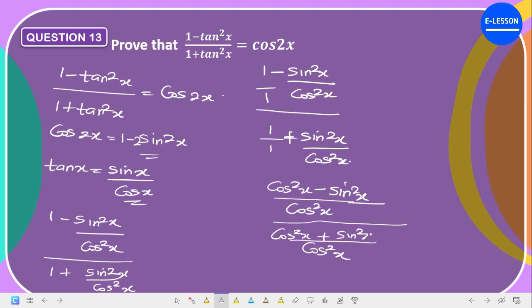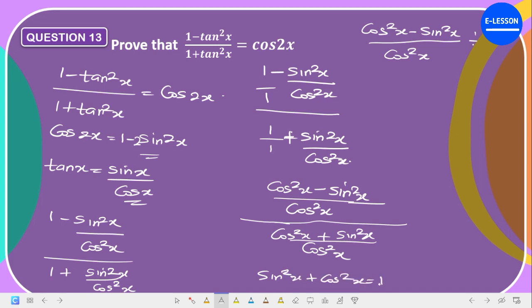Sine square x. Now, at the end of the day, you discover that we have cos square x minus sine square x divided by cos square x, divided. This big division here, we can put it as divided. Now, note, cos square x plus sine square x is equal to 1 from the identity that says sine square x plus cos square x is equal to 1.